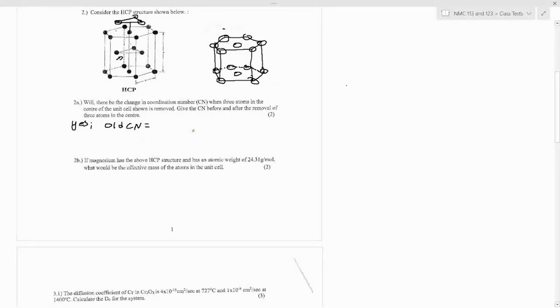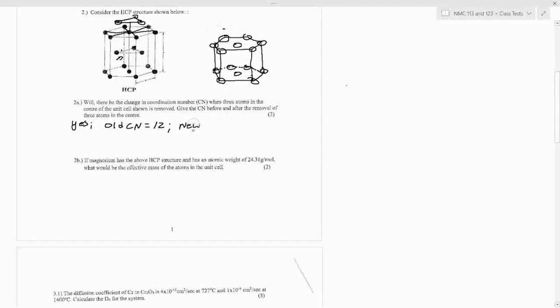It would be this 3 at the top, then 4, 5, 6, 7, 8, 9, and then the ones below, 10, 11, and 12. So the coordination number will be 12.